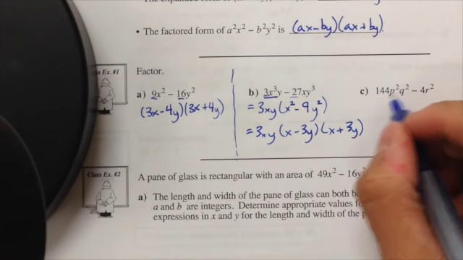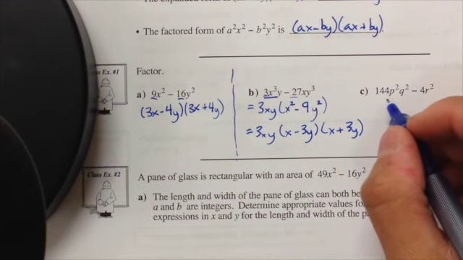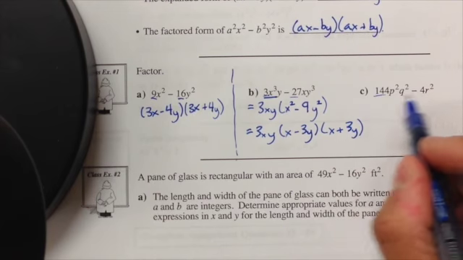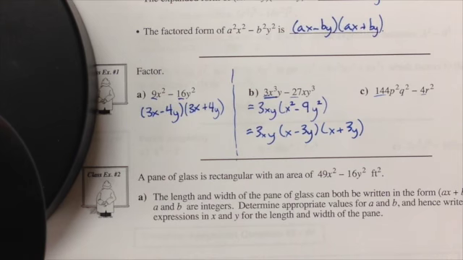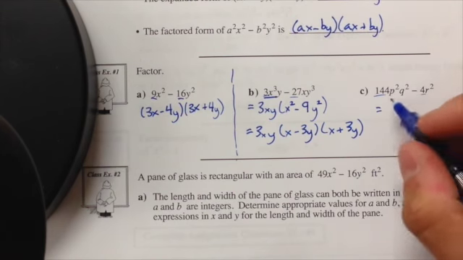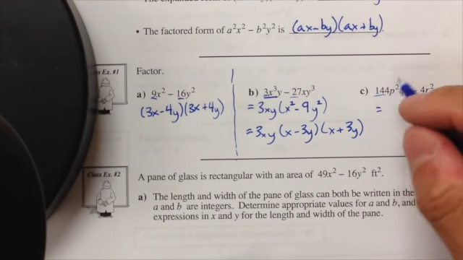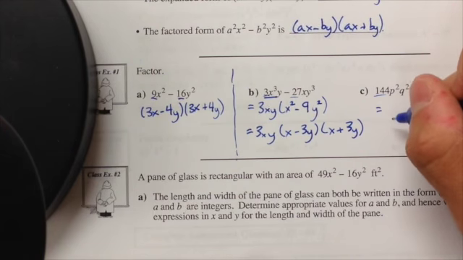Okay, now with this next question, I again have difference of squares. I have perfect squares 144 p squared q squared and 4r squared. Now with this one, they're also both divisible by 4. So the reason that we would take the 4 out of the brackets first to begin with is because we're going to have to simplify at the very end anyways.